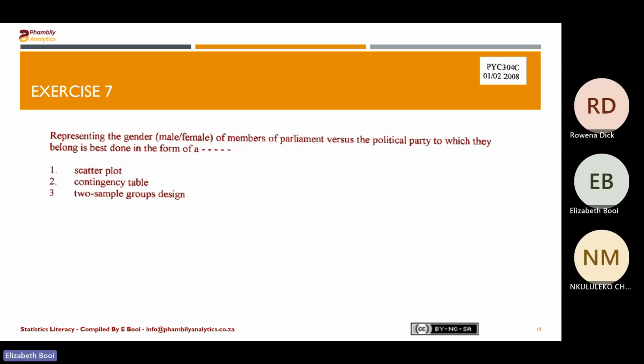So here we have gender and political party. So political party will be like ANC, DA, EFF. So there are categories. So rows and columns. Yes, it will be I think option 2, contingency table.